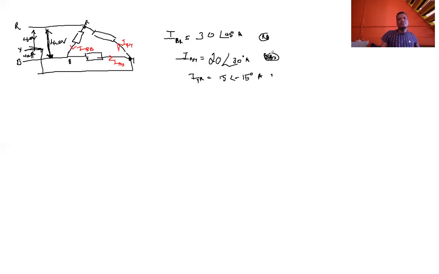Okay, it's fine. Let's just do the calculation. So these are the phase quantities. This one is the current flowing here, this one is the current flowing there, and this one is the current flowing here.